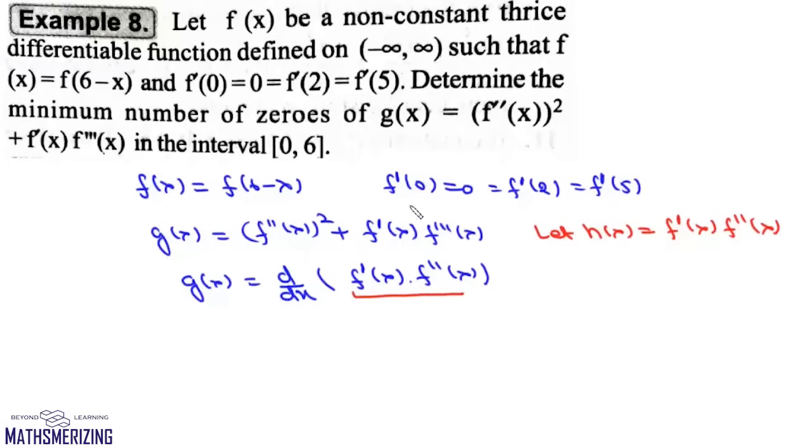Now it is given that f'(0) is 0, f'(2) is 0, and f'(5) is 0. Now we differentiate this, we'll get f'(x) equals minus f'(6 minus x).